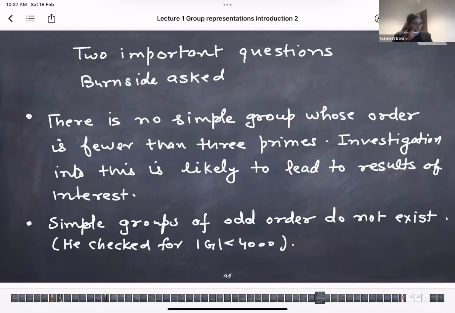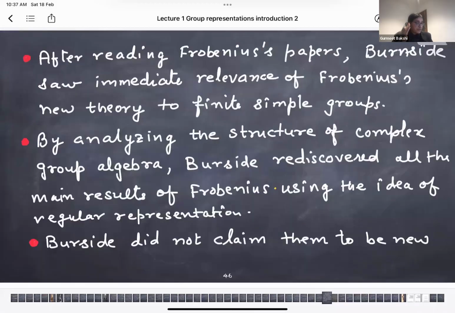So basically, Burnside raised two important questions: that there is no simple group whose order has fewer than 3 primes, and that simple groups of odd order do not exist. That was his remark, and he checked it for groups of order less than 4,000. So this was of interest to him.